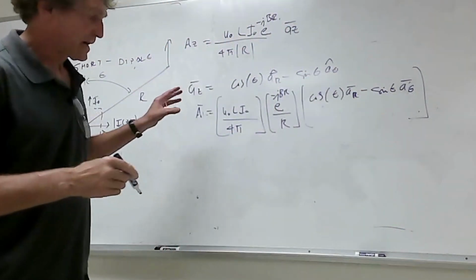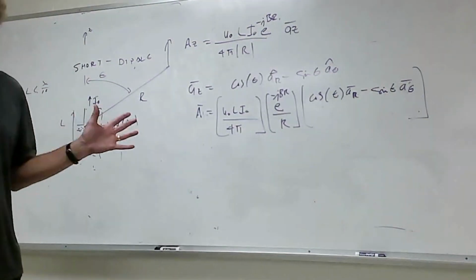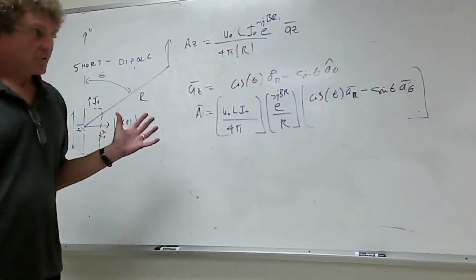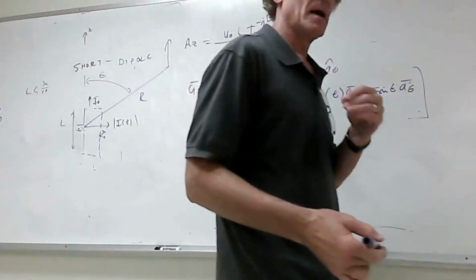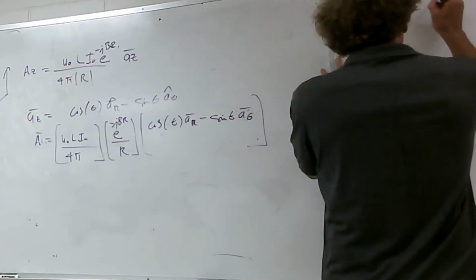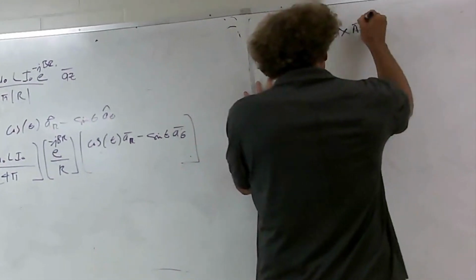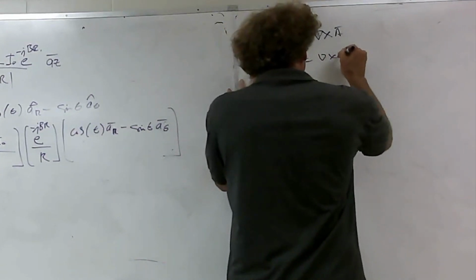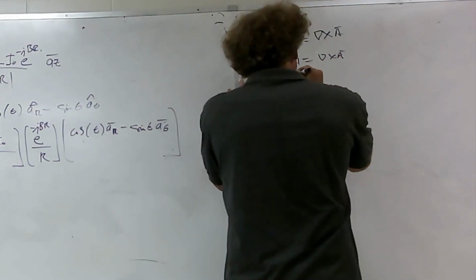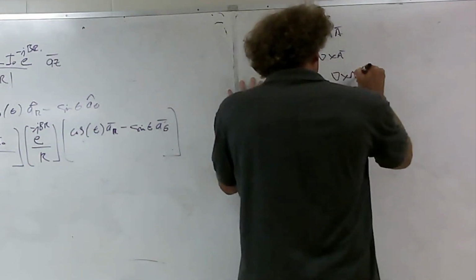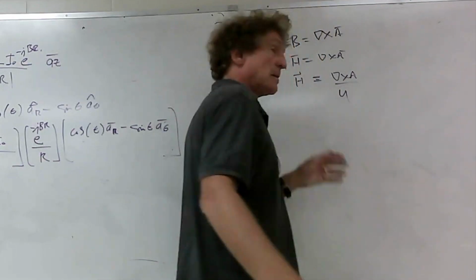At this point, that magnetic vector potential makes no assumption about near field, far field, or anything. You all with me? So normally what they do is say, okay, now remember that B is equal to the curl of A, and B is mu H, so mu H is equal to the curl of A. That means the entire H field, near field and far field, would be the curl of A over mu.